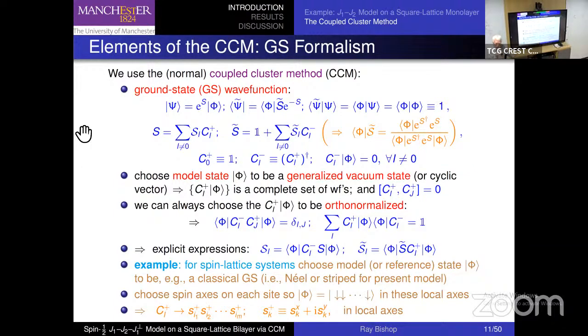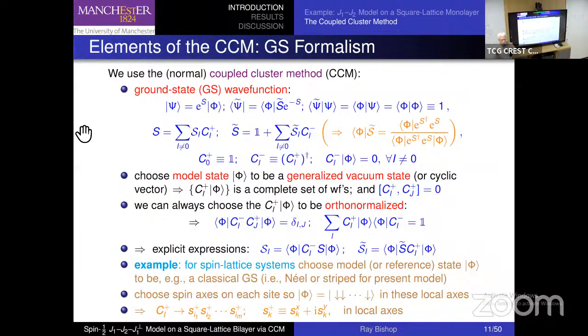But we don't have to. There's a very simple trick you can do. I will choose my model state such that, for example, the Néel state is ups and downs. I would like to choose my reference axes, my spin axes, on each site separately. That's just a rotation, a passive rotation.